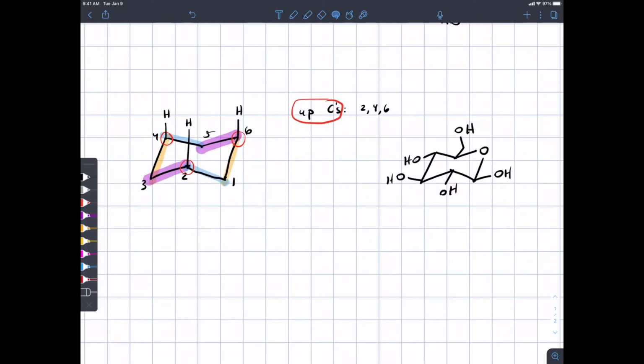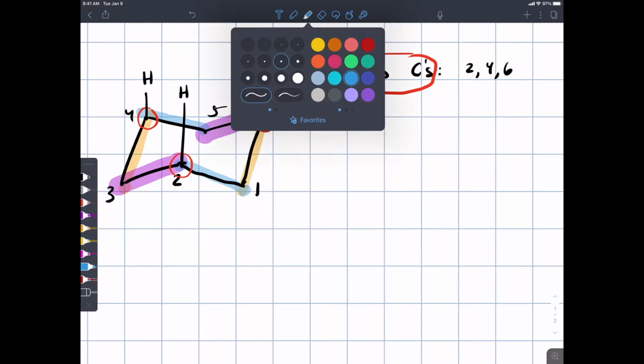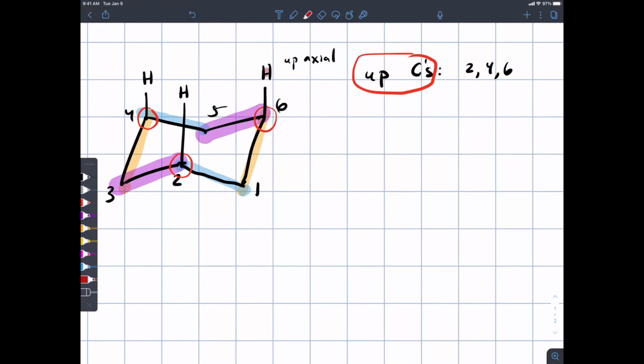So the protons coming off of these up carbons, 2, 4, and 6, we're going to call them up axial protons. And I guess I'll highlight those in red to match the up carbons. Okay.